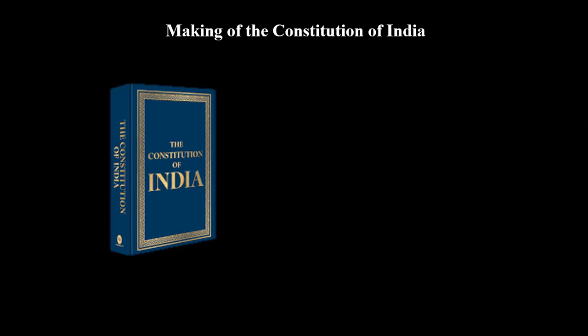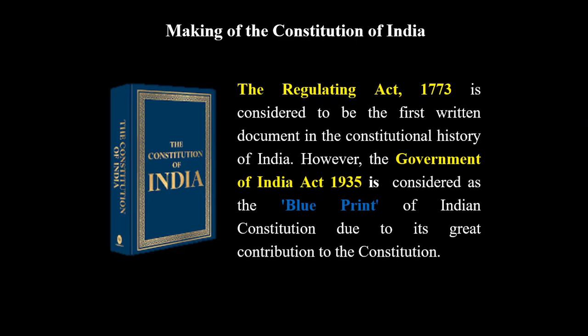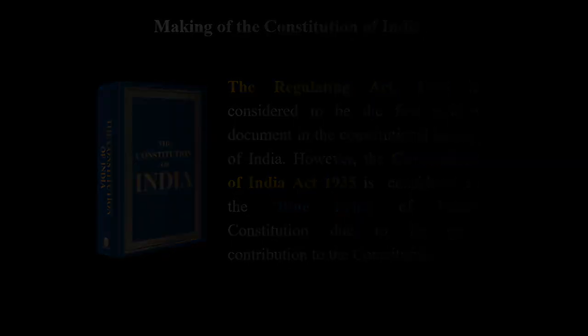In the constitutional history of India, the Regulating Act of 1773 is considered to be the first written document. However, the Government of India Act 1935 is called the blueprint of the Indian Constitution. When the British decided to leave India, they wanted the Indians to frame their own constitution.